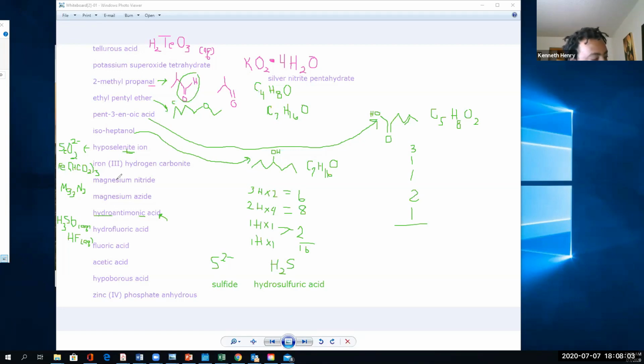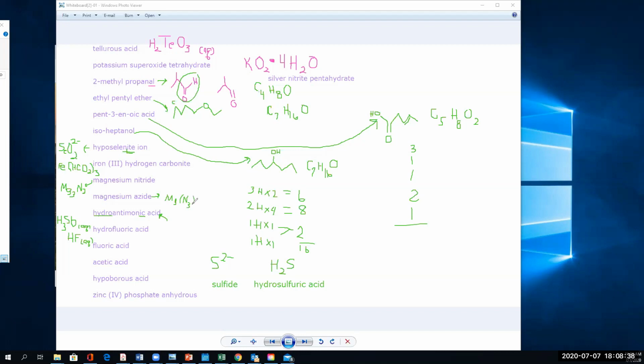What does magnesium azide look like? Anybody? Magnesium azide. Would it be Mg, N3, and then a 2 at the end?